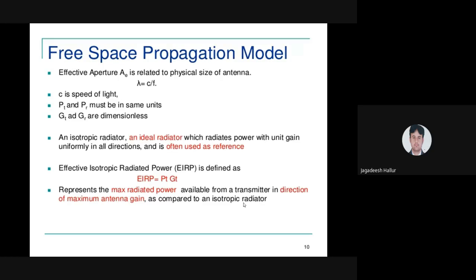If you want to calculate lambda, where the frequency of the system is given, lambda equals C divided by F. Similarly, effective isotropic radiated power is calculated at the transmitter side itself, so EIRP equals PT into GT.